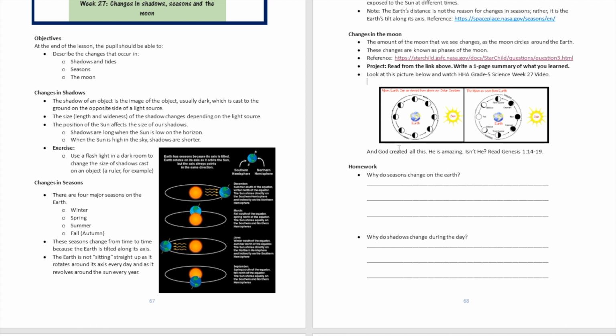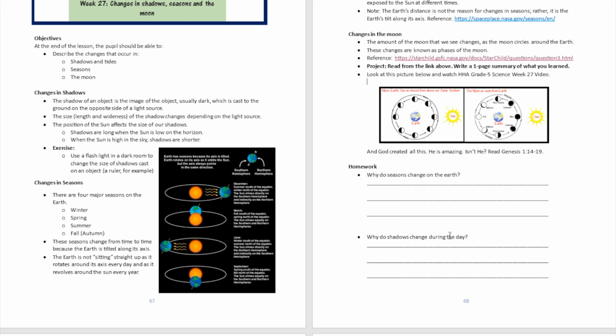All right, so quick question for you. Why do seasons change on the earth? Seasons change on the earth because of the tilt of the earth from the vertical axis, not necessarily because some parts of the earth are going to be closer to the sun or farther away from the sun. Why do shadows change during the day?